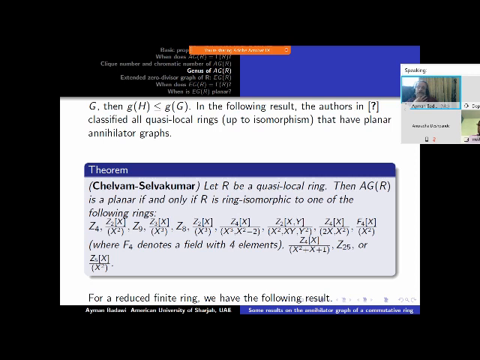I don't know if this is not beautiful. What does beautiful mean? You have a complete description of all rings where the annihilatory graph is planar. That's due to Shelvam and Silva Kumar.